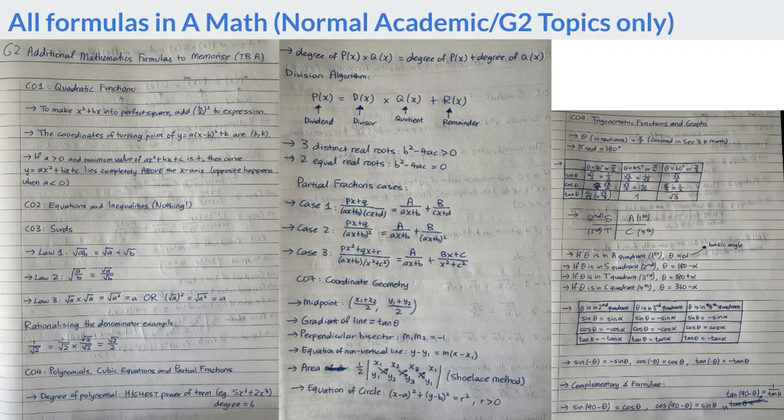Alright, and then for the tangent of minus theta, if your theta is negative, your tangent theta should also be negative. So there's a consistent pattern. When the sine and tangent are negative, your cosine will be positive.